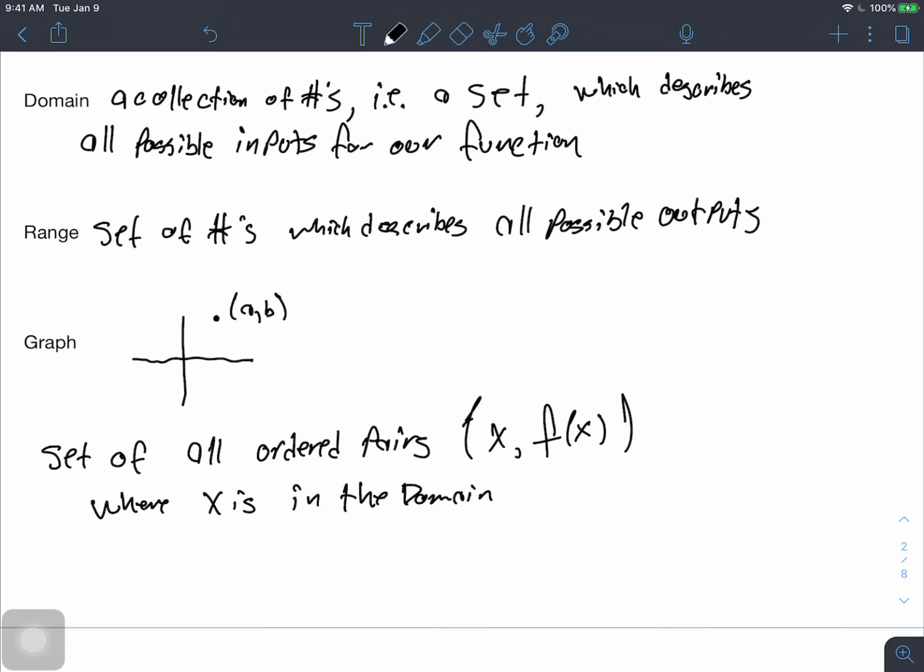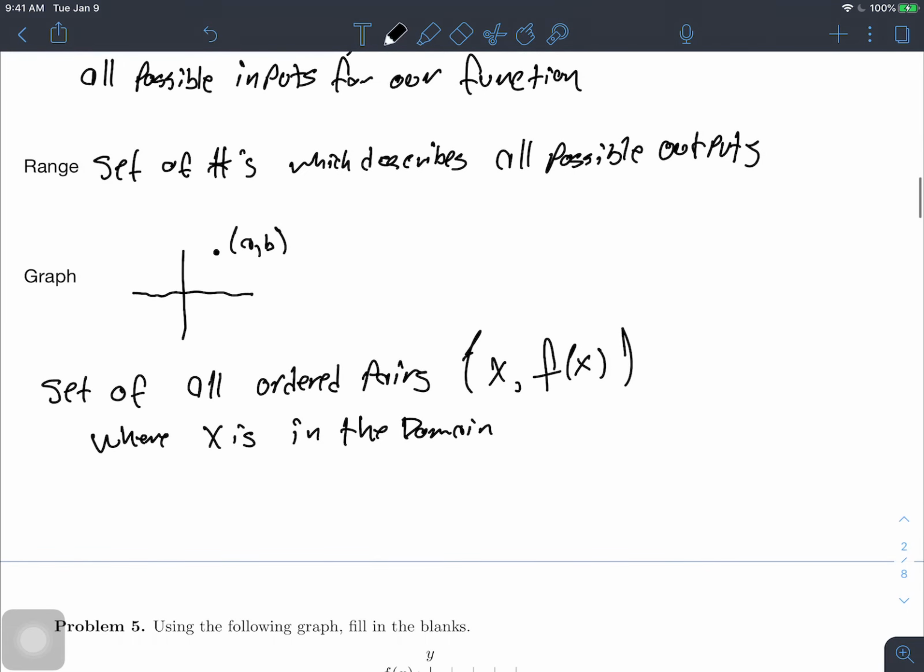So we look at all the points which are in the domain. We find the function value at all of those points. And for each point in the domain, we describe the point on the graph as the ordered pair x comma f of x. And the graph of a function is the collection of all such ordered pairs.